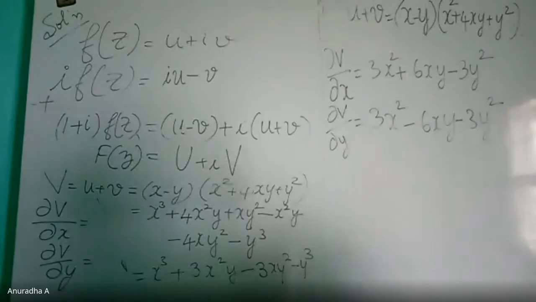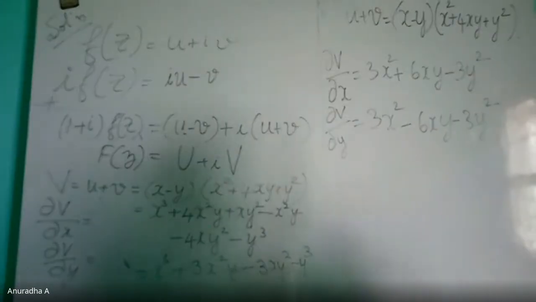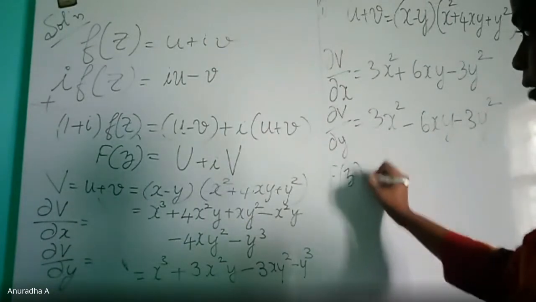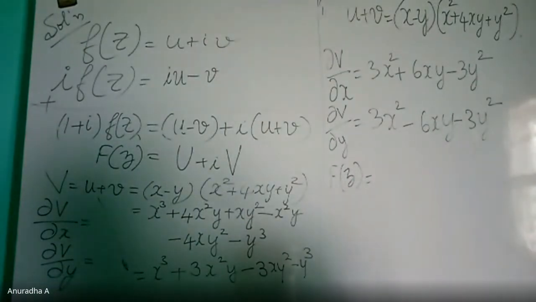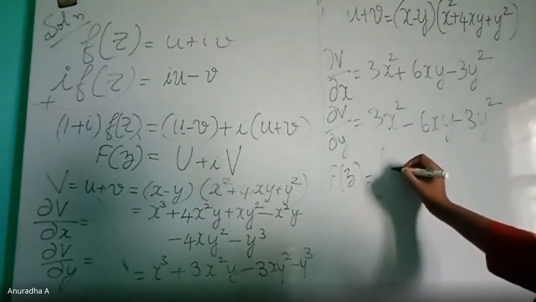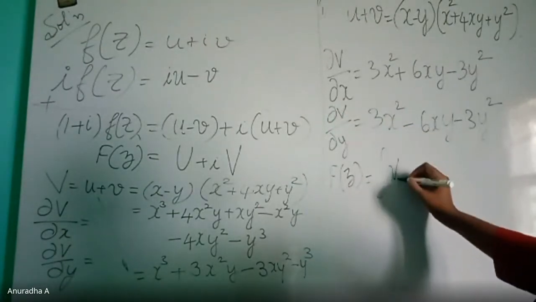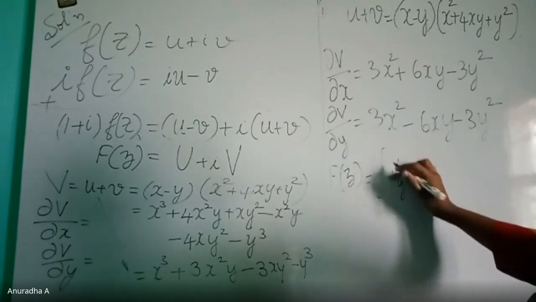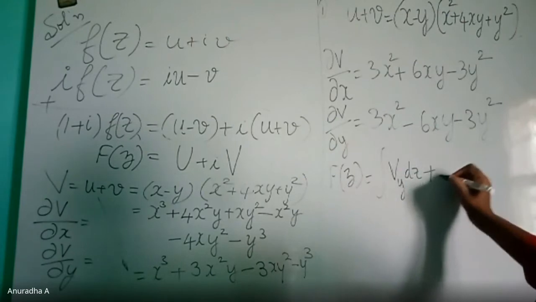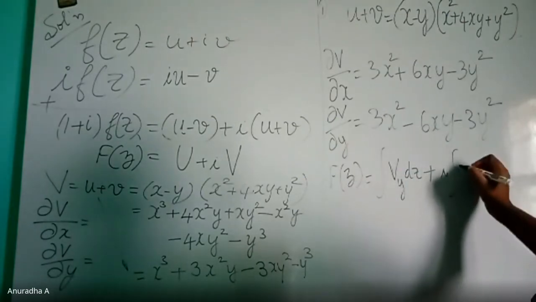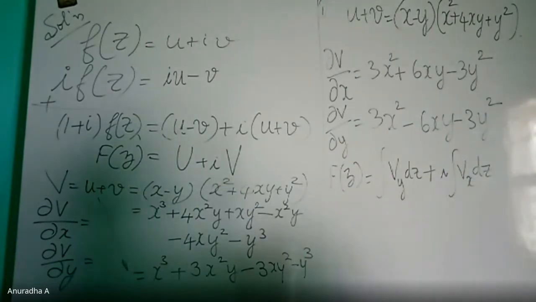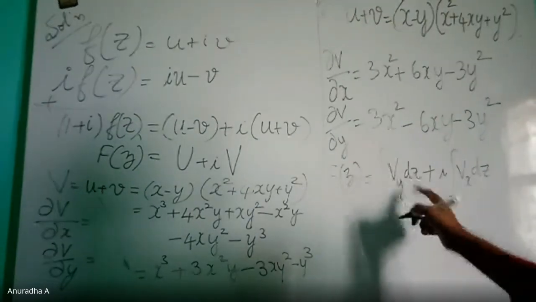So we have dou v by dou x, dou v by dou y. Find out what is capital F of z. For capital F of z, we have to apply the Milne-Thomson formula for V. So its integration, here it is Vy dz plus i into Vx dz. Substitute and then integrate with respect to z.